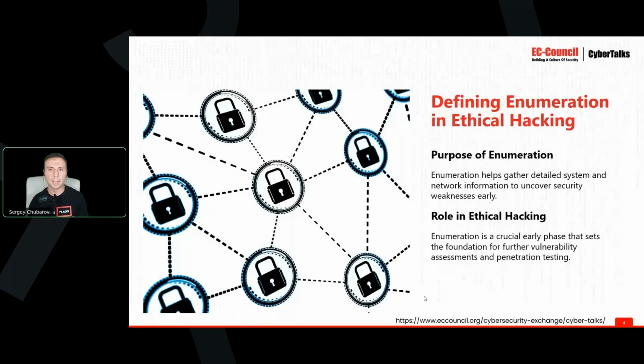Even if we're already inside the network, now we need to make another reconnaissance, and another, and another. That means enumeration in that case, and we get detailed information as well. So enumeration is crucial in the early phase, but it's also used throughout the ongoing life cycle of the penetration test, ethical hack and not ethical hack and so forth.